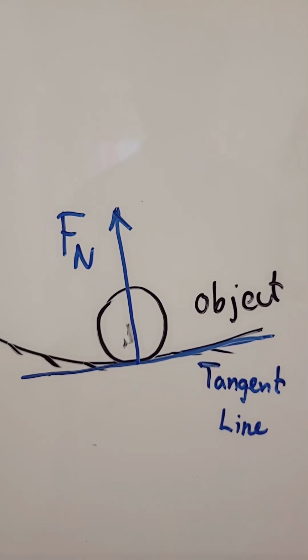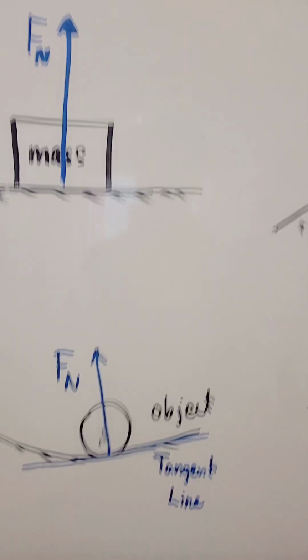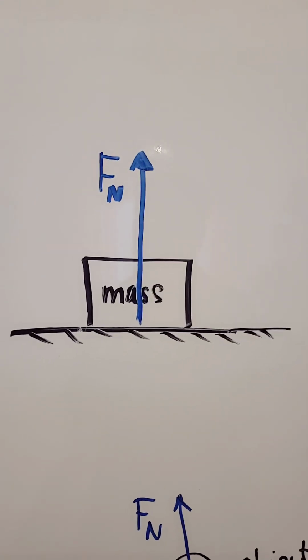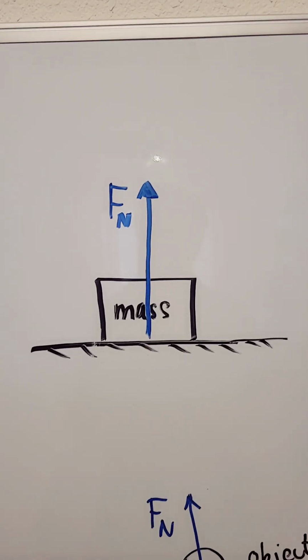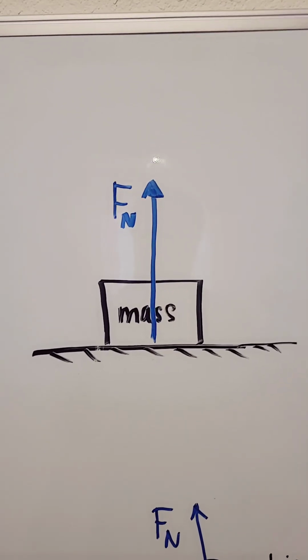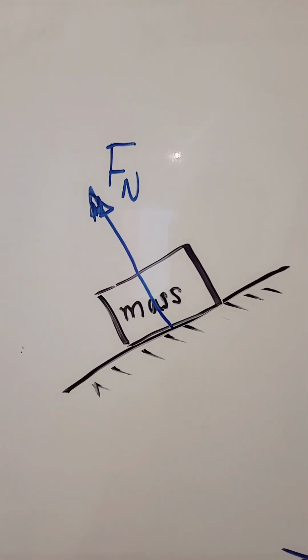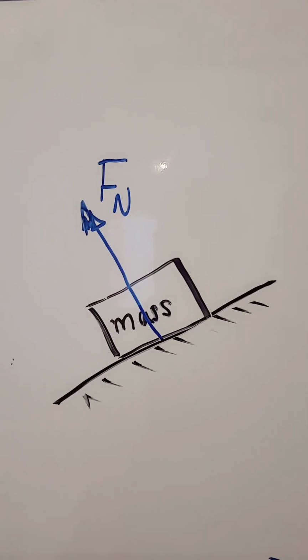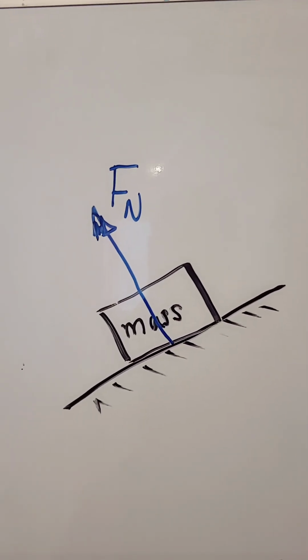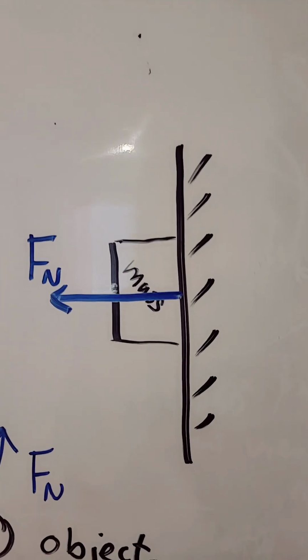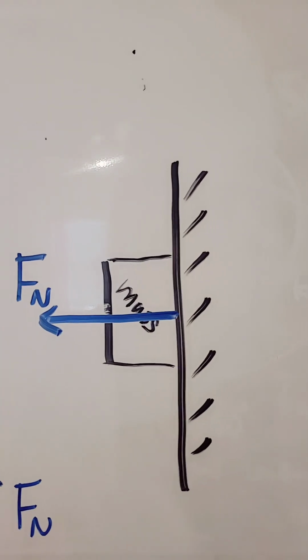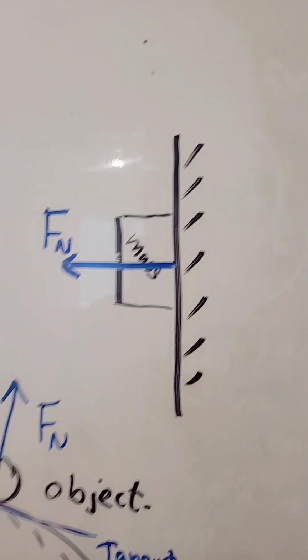Okay guys, so that's how you draw the normal force. Look at these examples. One of the most common examples: you have a mass on a flat surface, that's how you draw the normal force. An object on an inclined surface, a slope, that's how you draw the normal force. This is a vertical wall, you are pushing the object, that's how you draw the normal force.